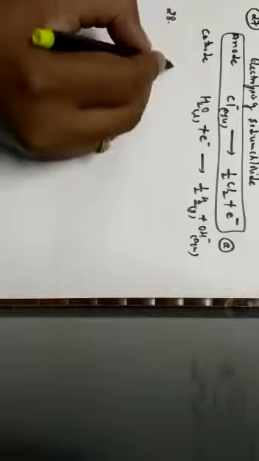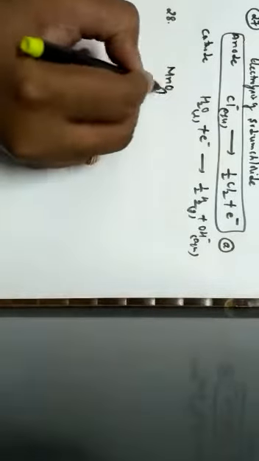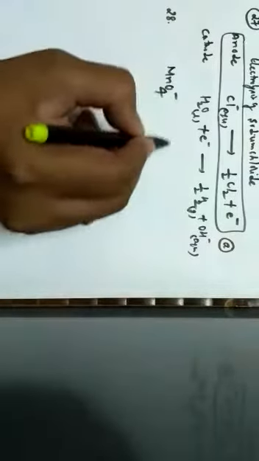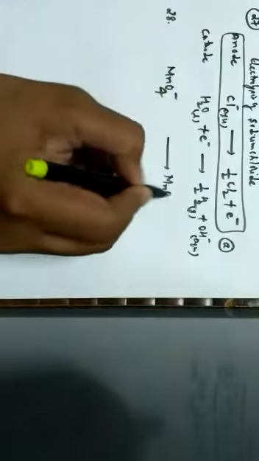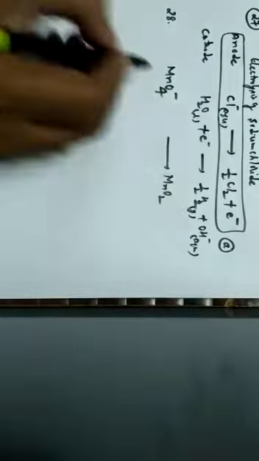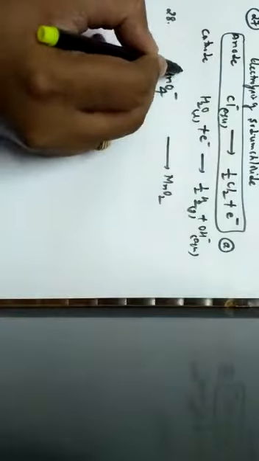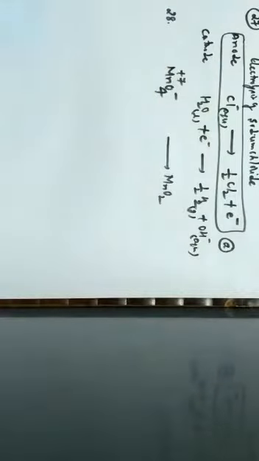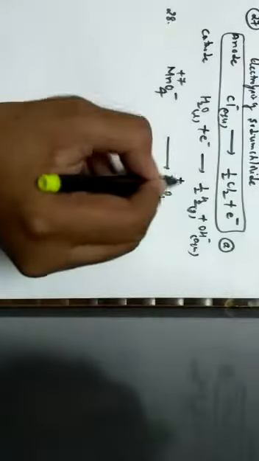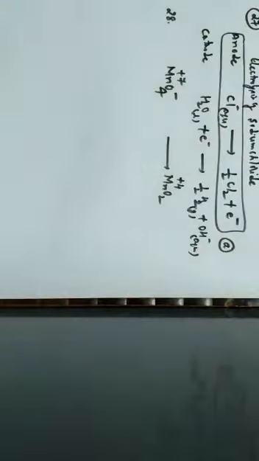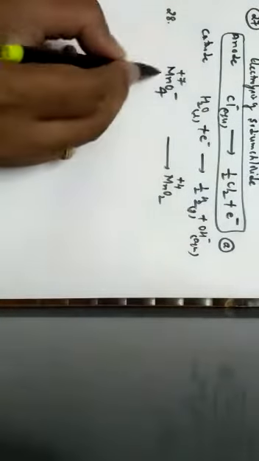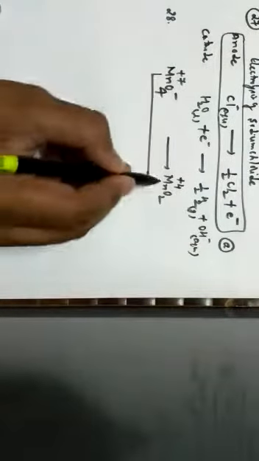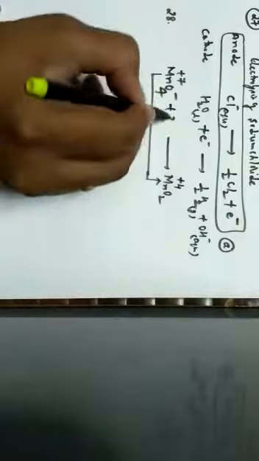So here it has been given the conversion as MnO4 minus to MnO2. When I check the oxidation state of Mn in this case, Mn has an oxidation number of +7 and in this case Mn has an oxidation number of +4. So to convert +7 to +4, it has to gain 3 electrons.